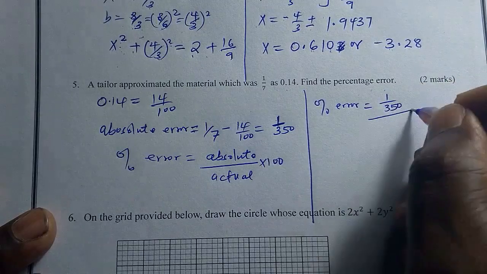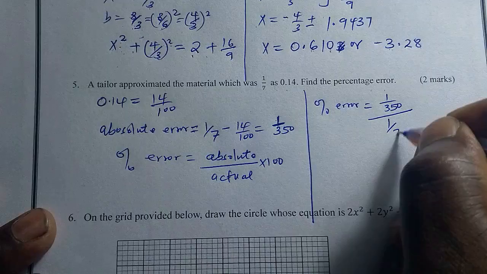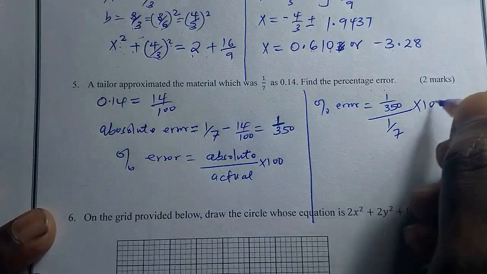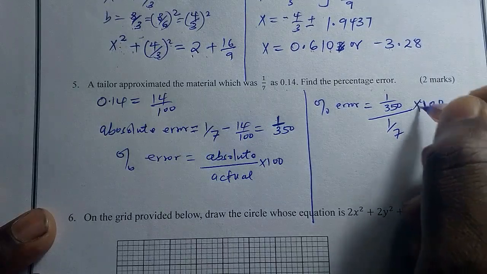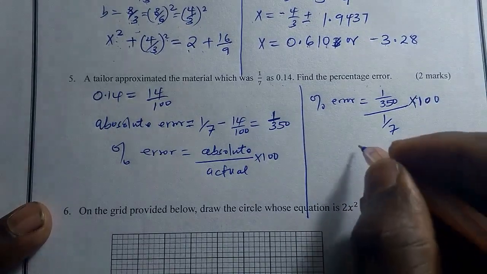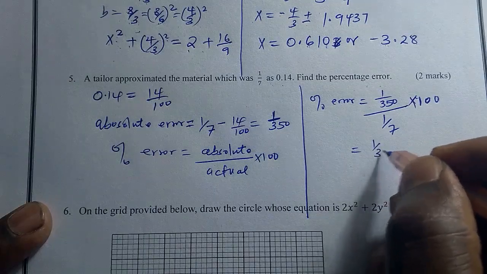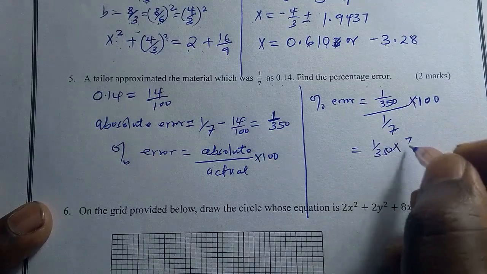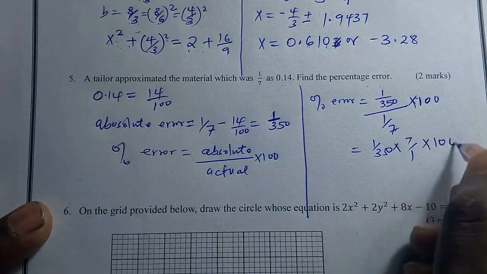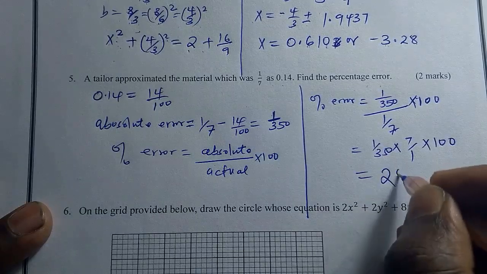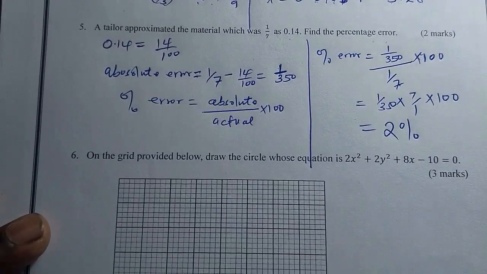You divide by the original, which is 1/7, then times 100. You can put it in decimal places or this way. So this is the same as, you know, fractions, how we divide. It is 1/350 times the reciprocal of this, 7/1, then times 100. And you find that that one is 2%. So the error is 2%.